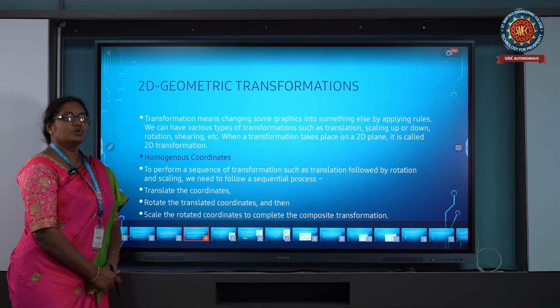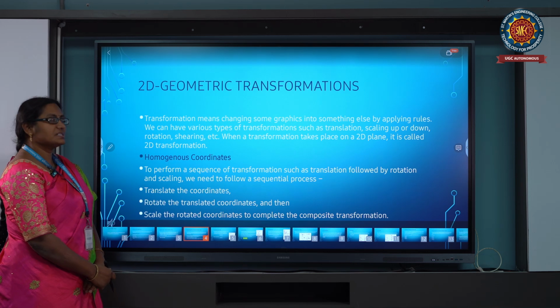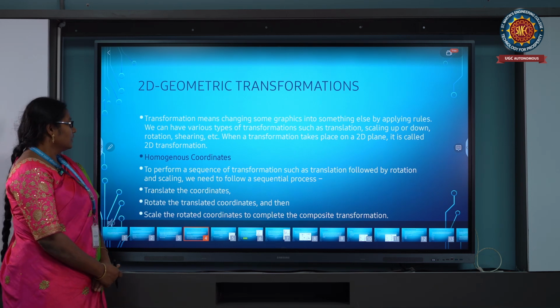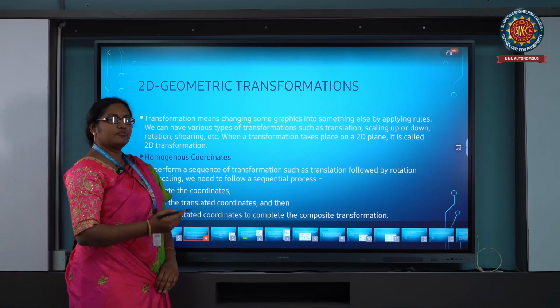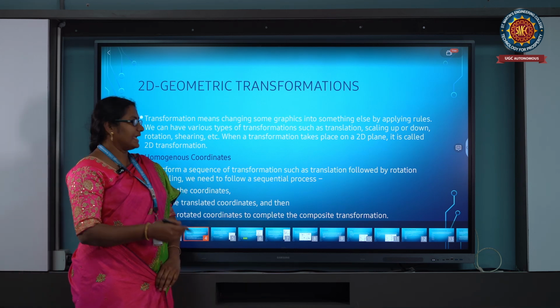We will use homogeneous coordinates for these basic transformations, because with homogeneous coordinates you can perform more than one transformation at a time.